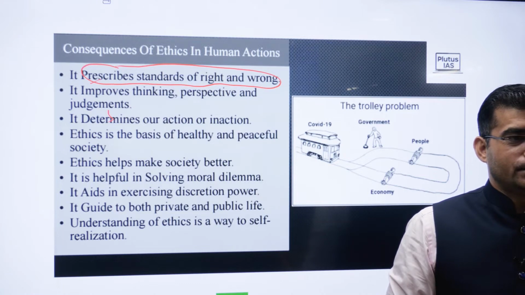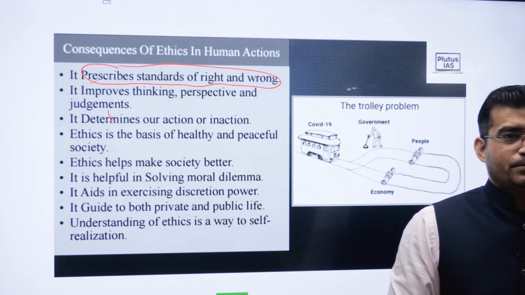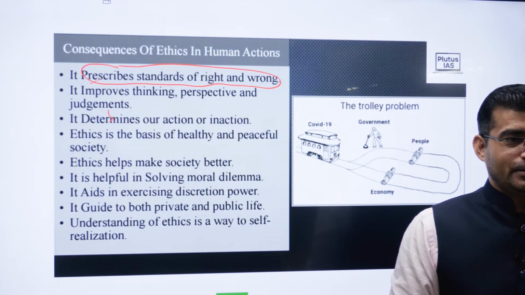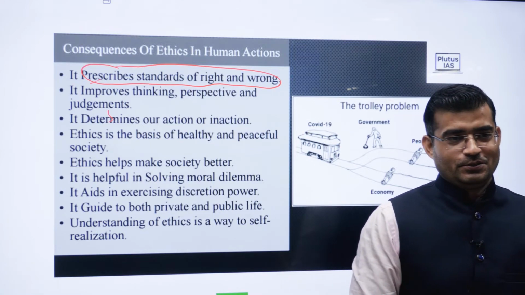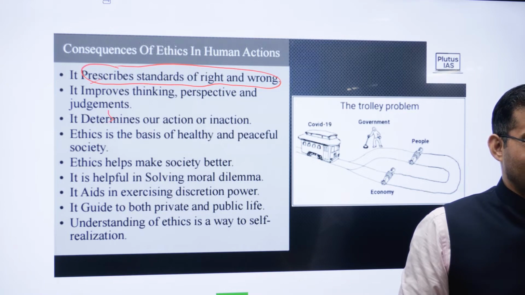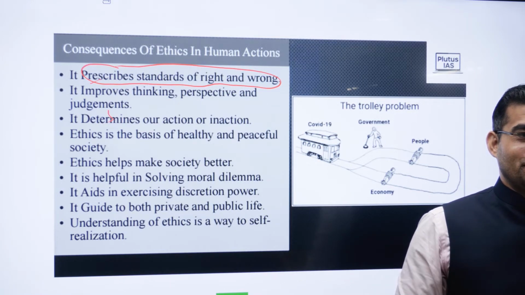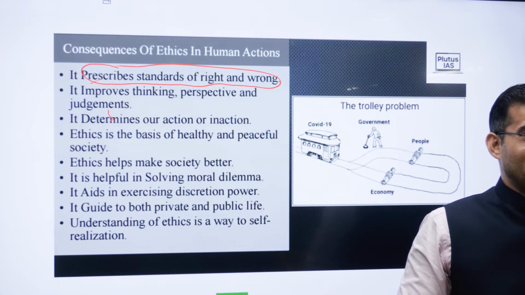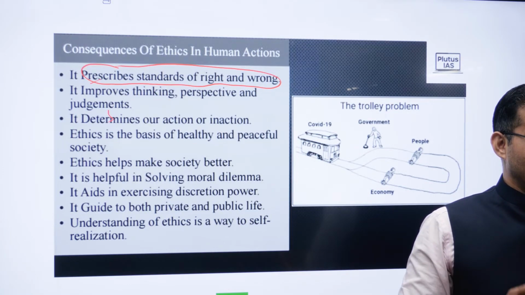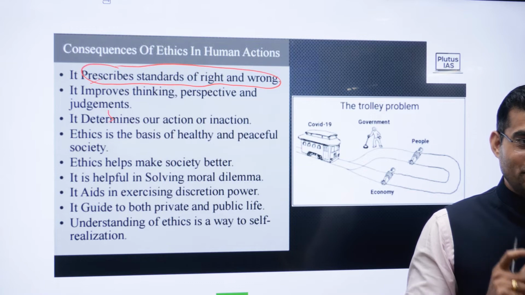If one says that you have to walk on the left side of the road, why should we follow this kind of rule? Suppose we are Amitabh Bachchan and we want to walk in the middle of the road, then what would be the consequence? Accident is the result. So it prescribes us orderly behavior.